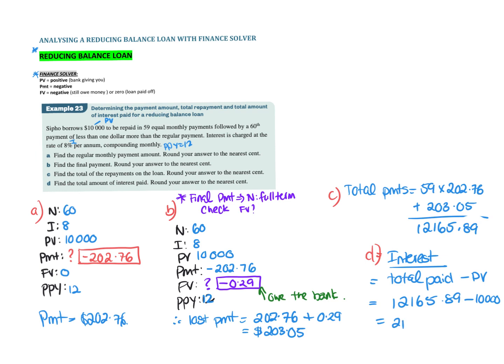So his interest was 2,165.89. So for him to borrow that amount of 10,000 from the bank, at the end of the 5 years he's paid the bank extra 2,165.